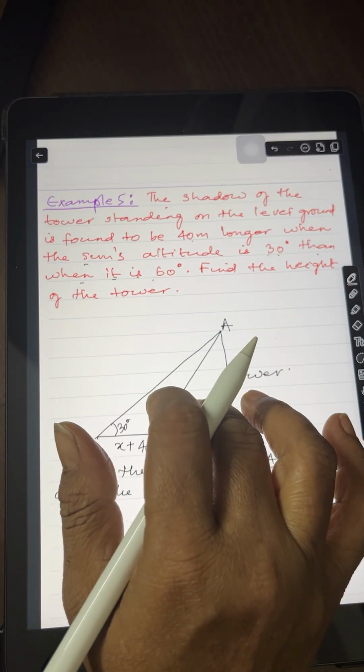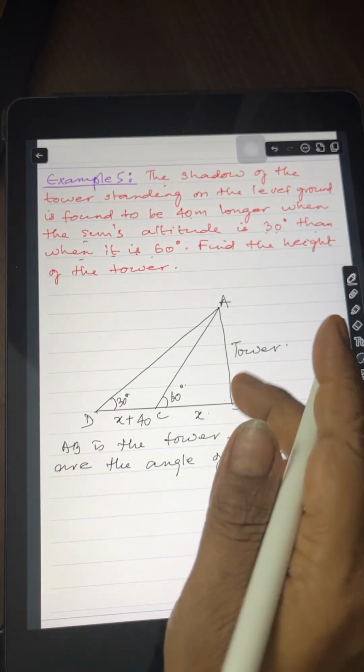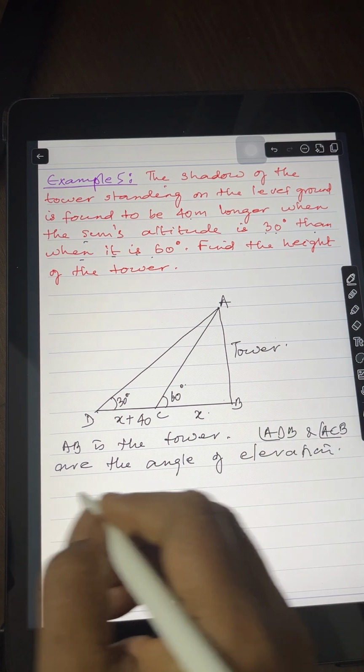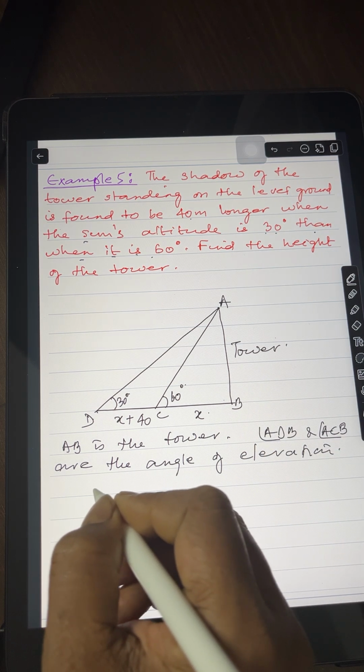Okay, what else is given? The shadow. He's asking you to find the height of the tower. Now take tan again.